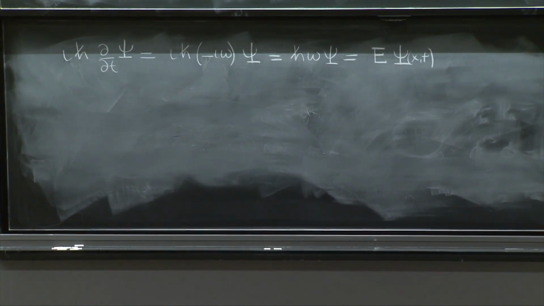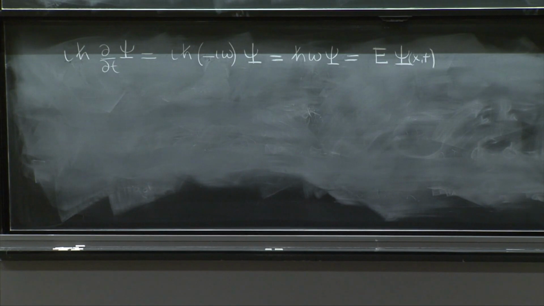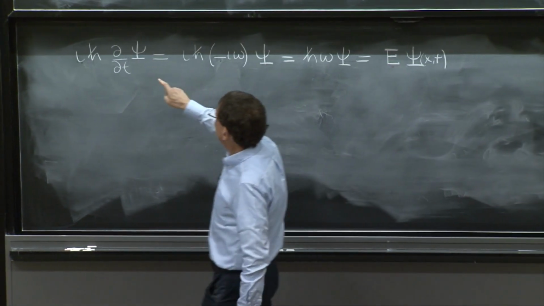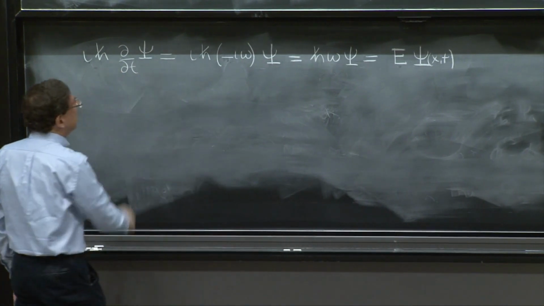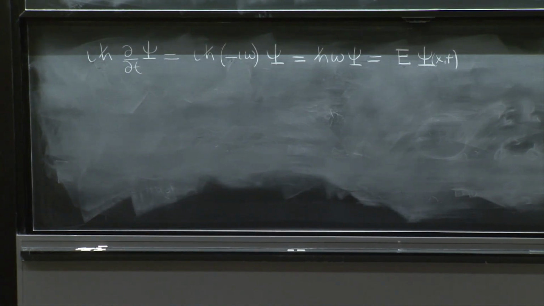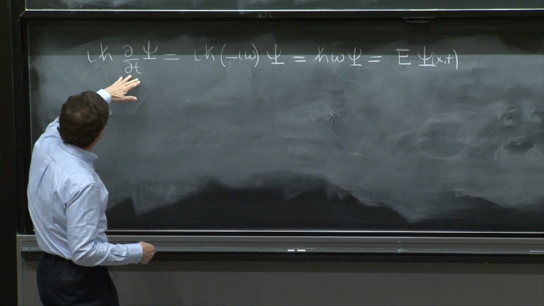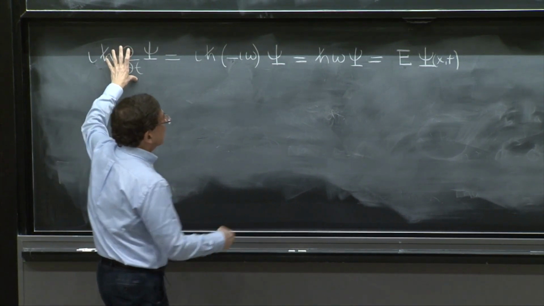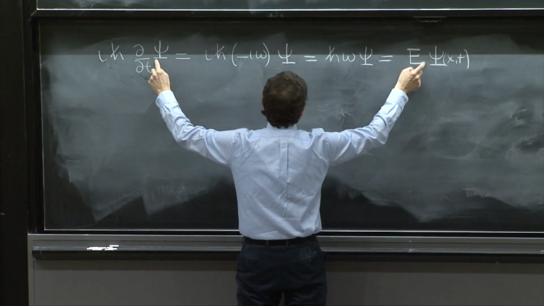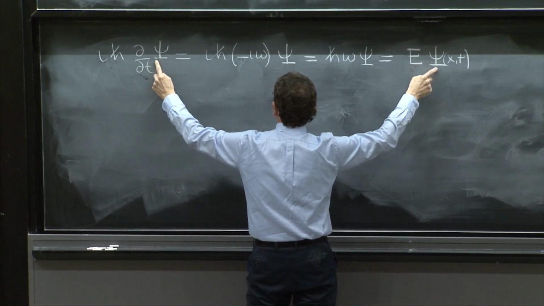And this looks quite interesting already. This is a number again. And this is a time derivative of the wave function. But we can put more physics into this, because in a sense, this differential equation tells you, for a wave function with energy E, what the time dependence of that wave function is.